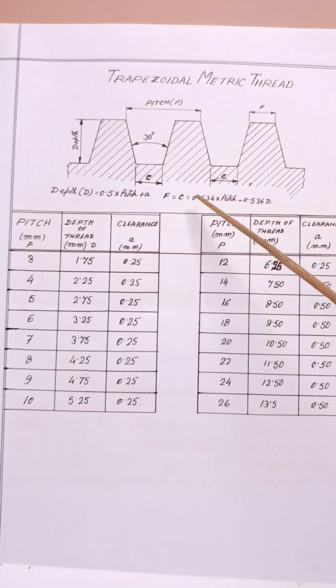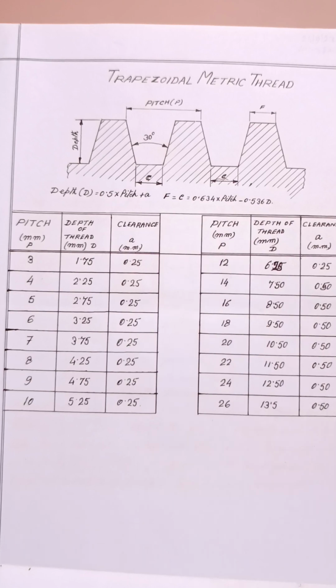It is equal to 0.634 into pitch minus 0.536 D, where this is D. By calculating, whatever dimensions come, we have to maintain the tool front face to this size.